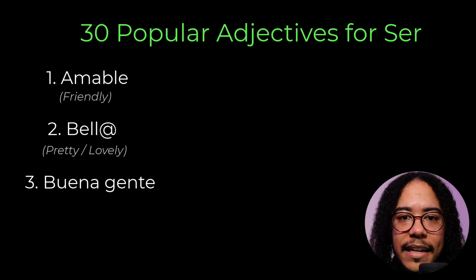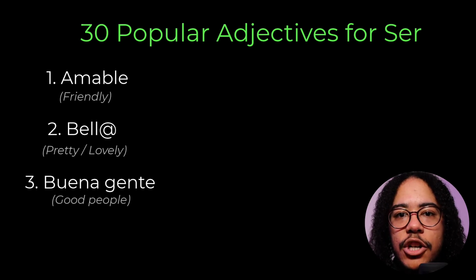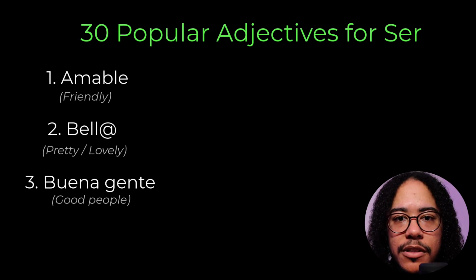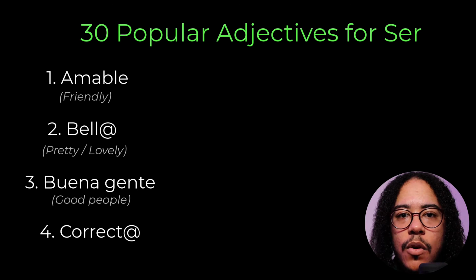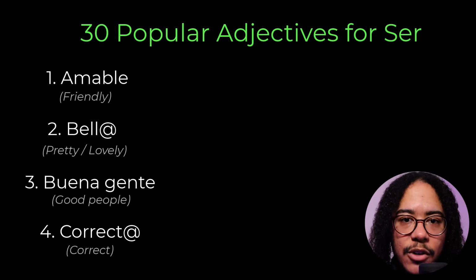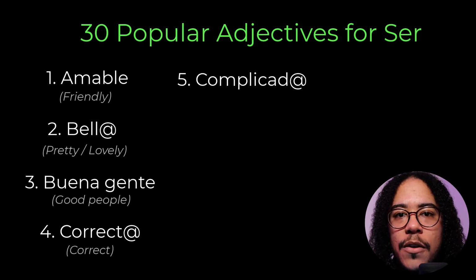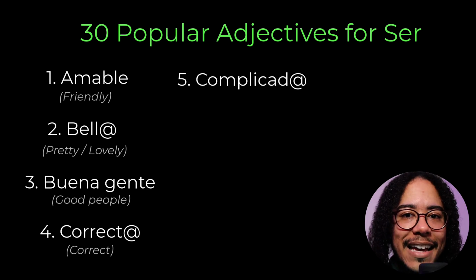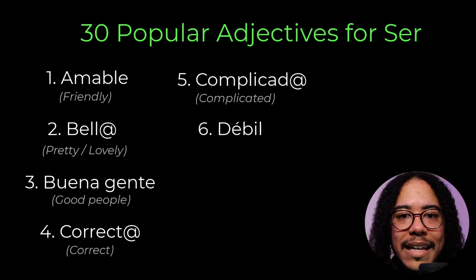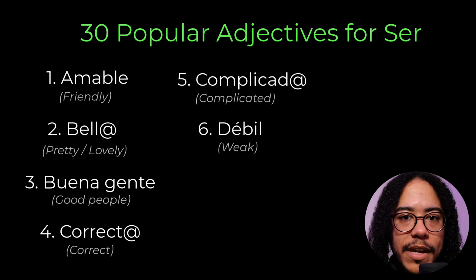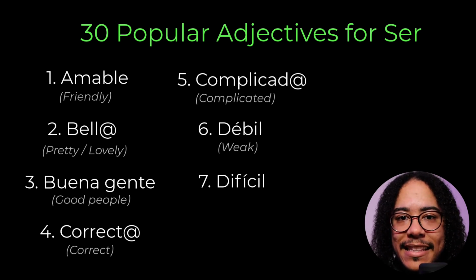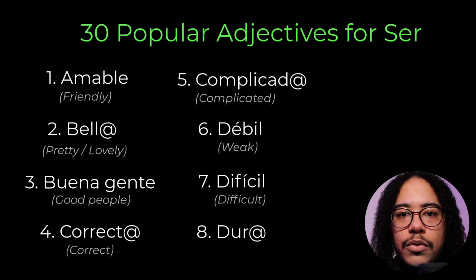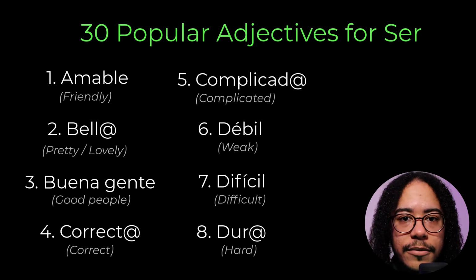Buena gente. This basically means good people. Ella es buena gente. She's good people. That's the way you would use this one. Correcto or correcta. Correct. Complicado or complicada. Complicated. Débil, weak. Difícil, difficult. Duro, hard.